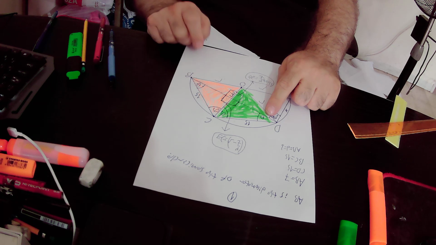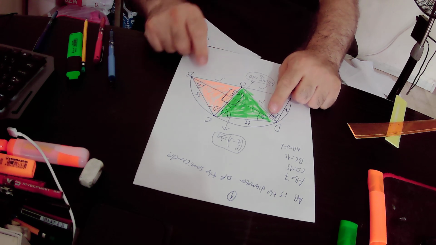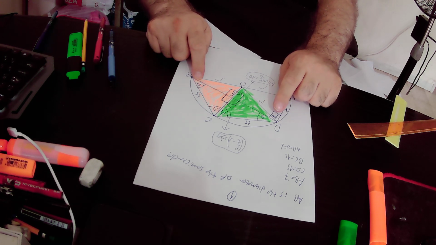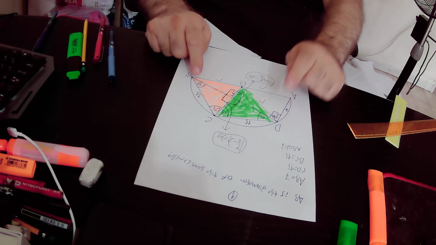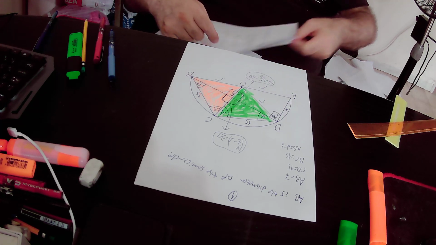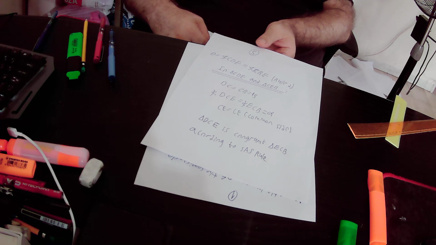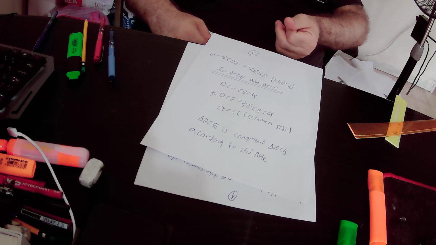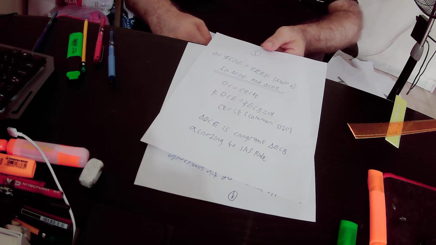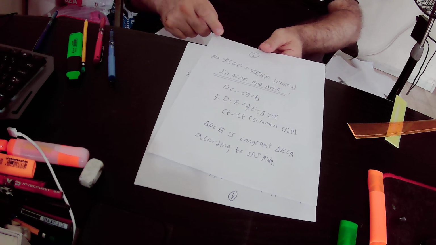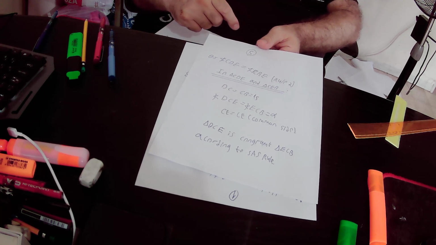And if we define this angle as theta, then this angle will also equal theta, because those two angles are equal to each other. So angle CDE equals angle CBE, and both are equal to theta.